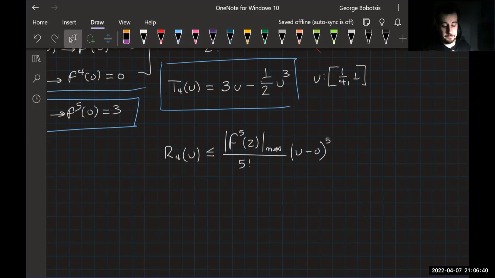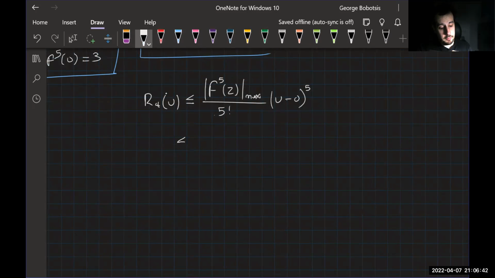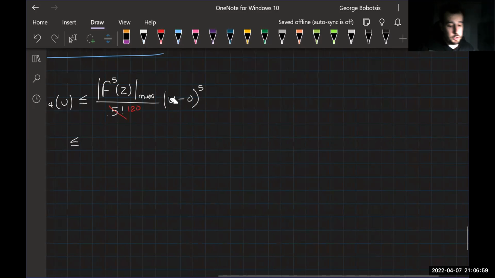Now, okay, let's write down what these are actually going to be. 5 factorial, okay, 5 times 4 times 3 times 2 is 120. We have 120 here. And this guy, what do we do about this guy? We have the fifth derivative. We can go work on the side here what we can do about this.